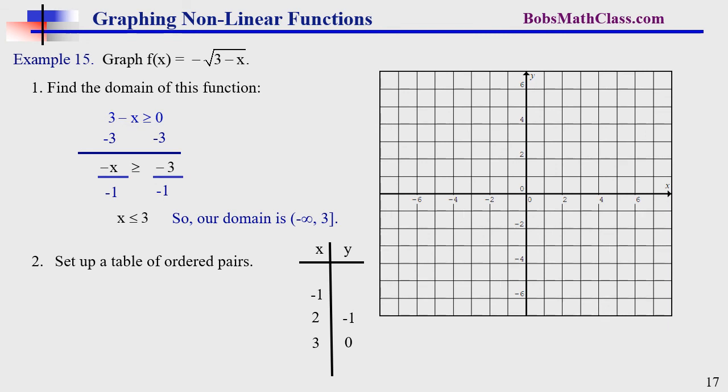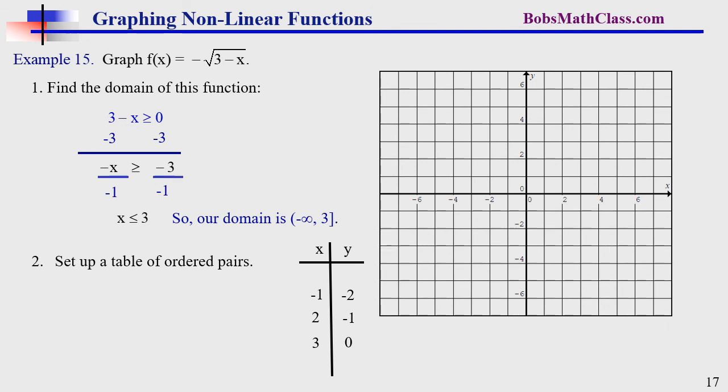So that's why I chose -1. 3 minus -1 is 4. Square root of 4 is 2, but there's a negative in front, so that's why it's -2. All right, let's do one more. We want it to give us a 3 when we take the square root. Square root of what number is 3? 9.